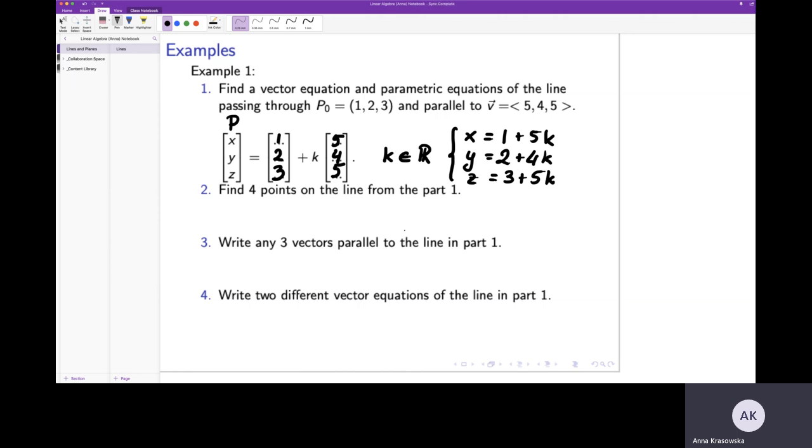Can we find now 4 other points on the line that we found in part 1? Okay, so one point we already know. I will switch to row vectors notation because there's no space here. So (1, 2, 3) is the point on the line. We know it. But what other points are there?